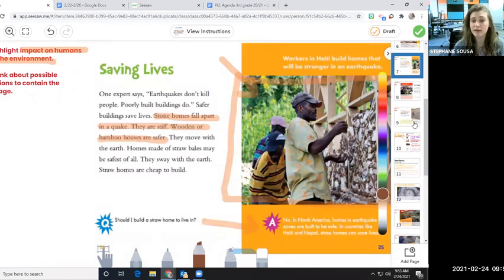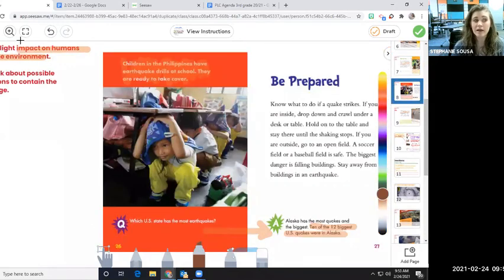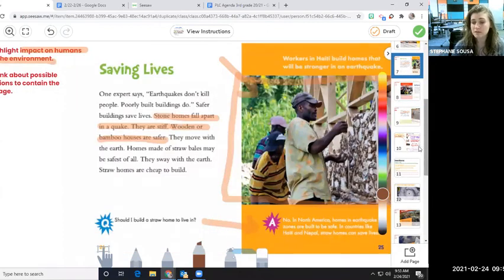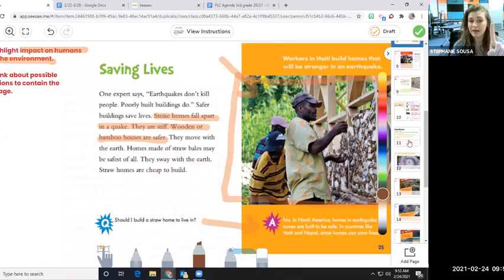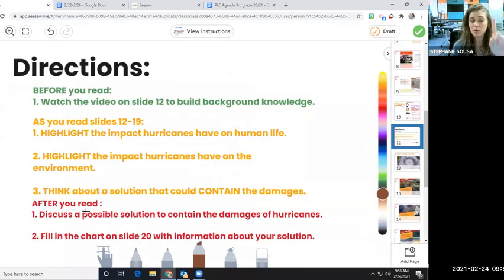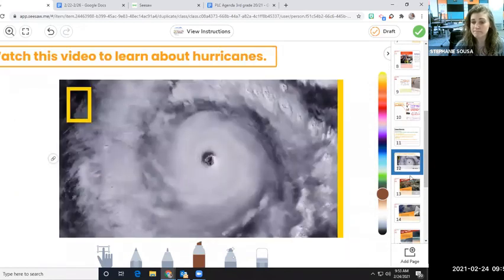You failed the reading assignment. You are to highlight in the text where you see impacts on humans, impacts on the environment. Okay, so 2 grades. What are you highlighting for reading? What is your science grade for your project on hurricanes? Okay, that is your work today.